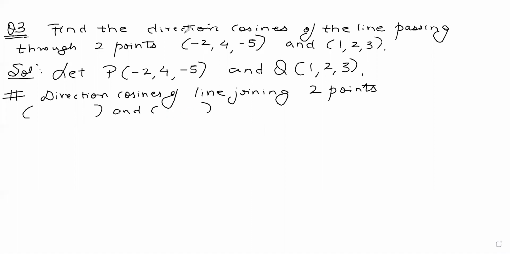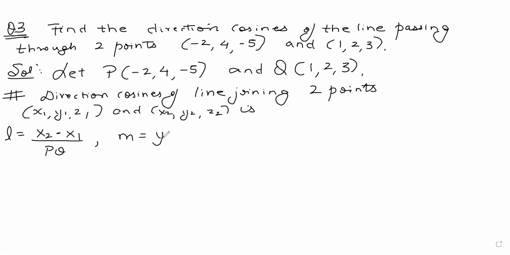Direction cosines of a line joining 2 points x1, y1, z1, and x2, y2, and z2, what are the direction cosines, guys? L is nothing but x2 minus x1 by PQ.